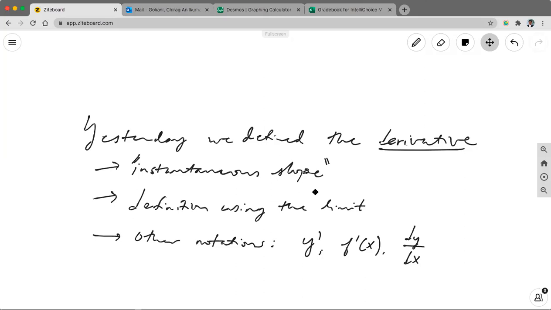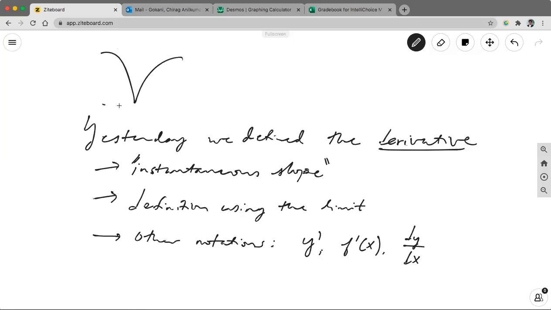We talked about this, though I didn't write it in this list: everything that is differentiable has to be continuous. If a function is differentiable, then you know it's continuous, but not all continuous functions are differentiable. The classic example is the function that looks like this.